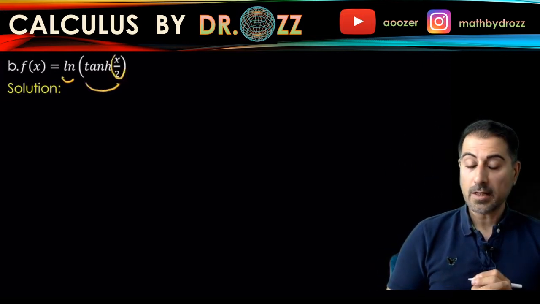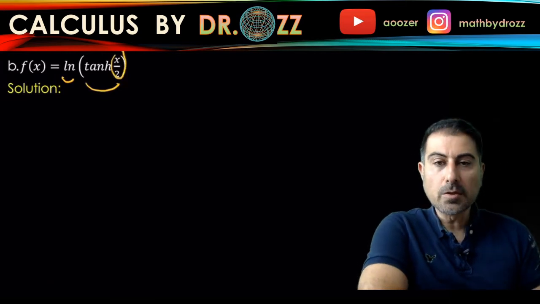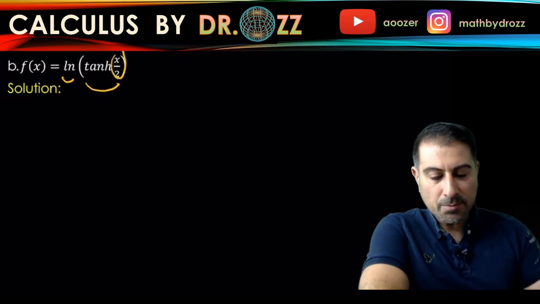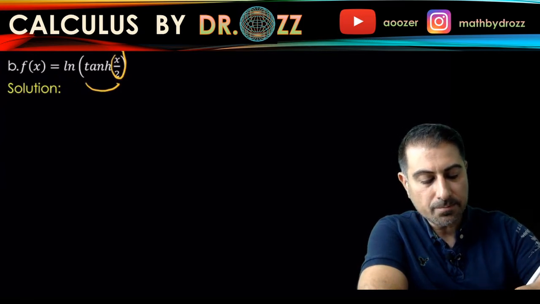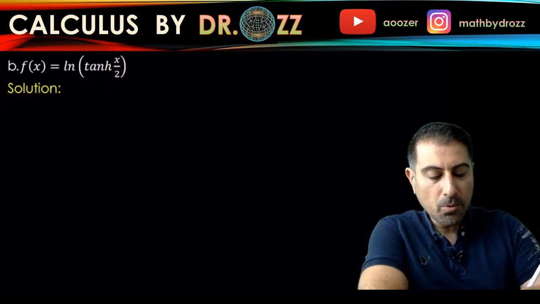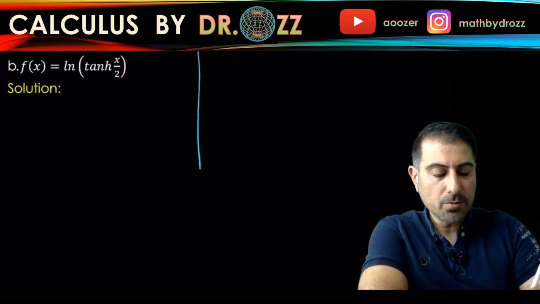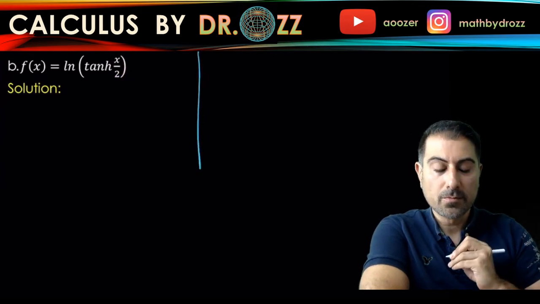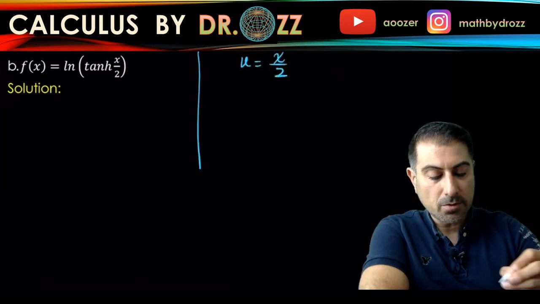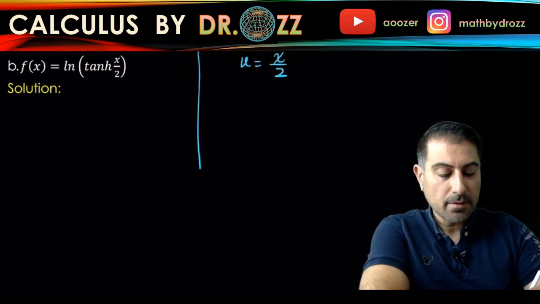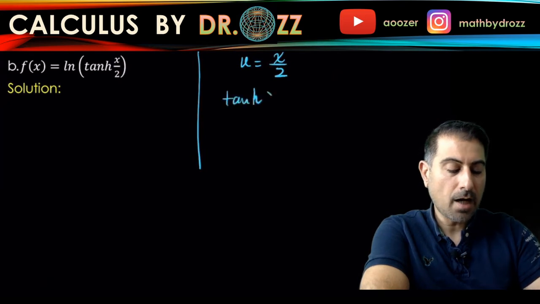So let's do multiple substitutions on a separate place here. I'm going to call u to be x over 2, so that tanh of x over 2 is tanh u.